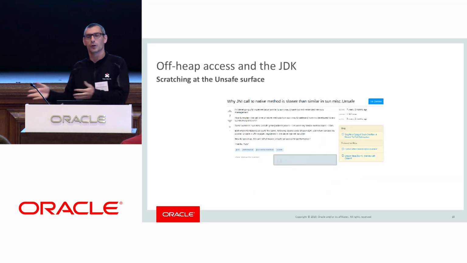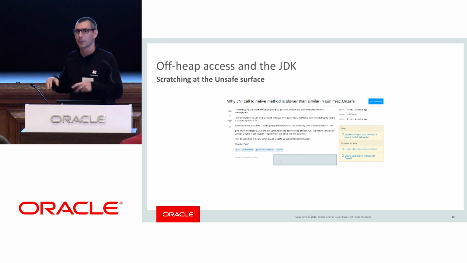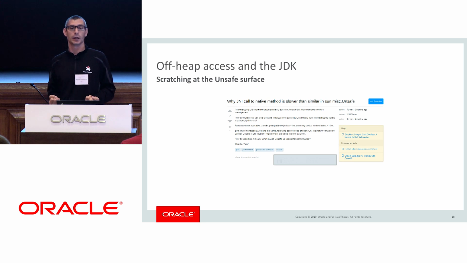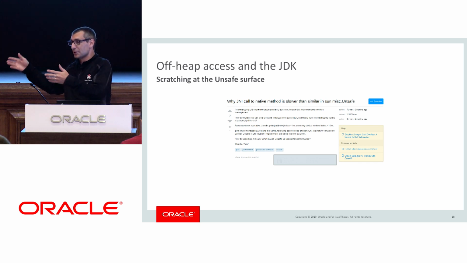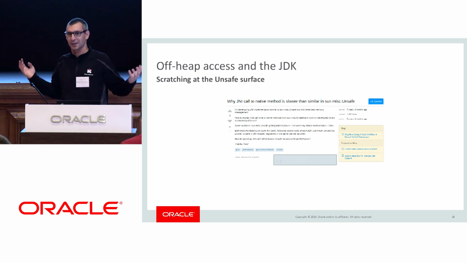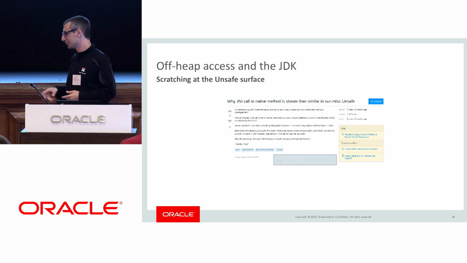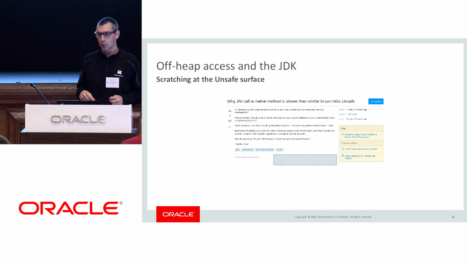Then you can always switch to the dark side and start programming with Unsafe. Unsafe is very powerful. It's probably the most efficient API out there for doing off-heap access, because it takes advantage of the VM intrinsics. The problem is it's unsafe. So you can crash the VM. Maybe Unsafe is going to be moved somewhere else, so your program is not going to be able to find Unsafe anymore.